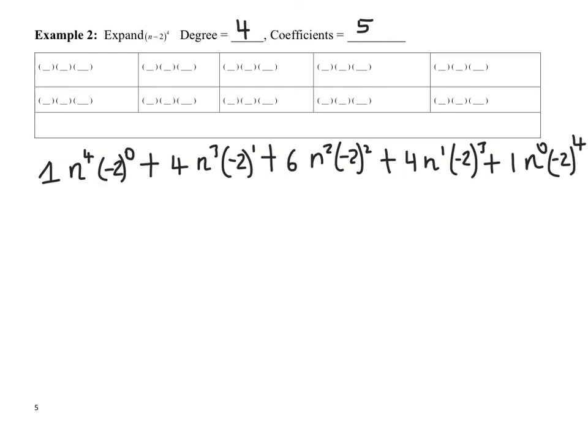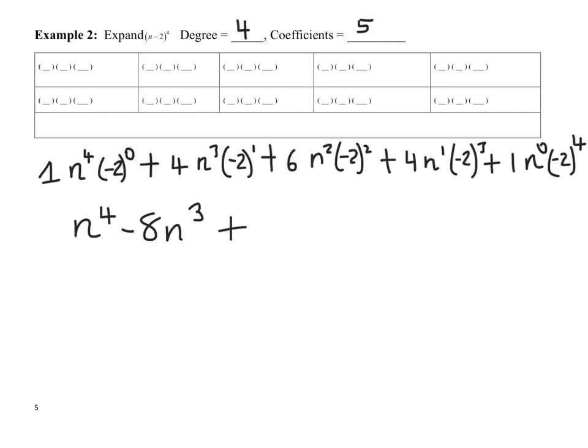And then let's just simplify. So this is n to power 4, and the next one is, this is going to be actually negative 2 times 4, so minus 8 n cubed. What about the next one?